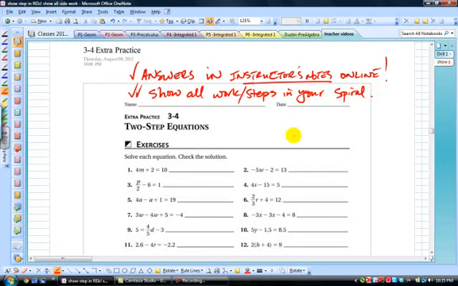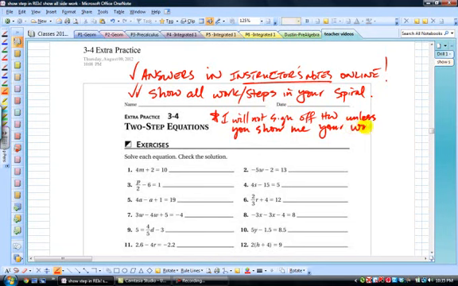I will not sign off homework unless you show me your work in your spiral. Just telling you in advance. Alright, so make sure that you do that.